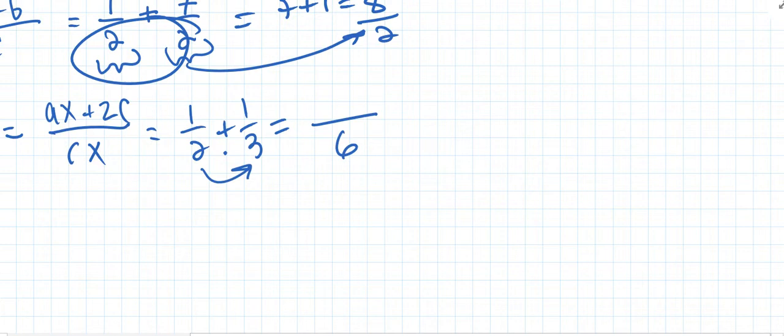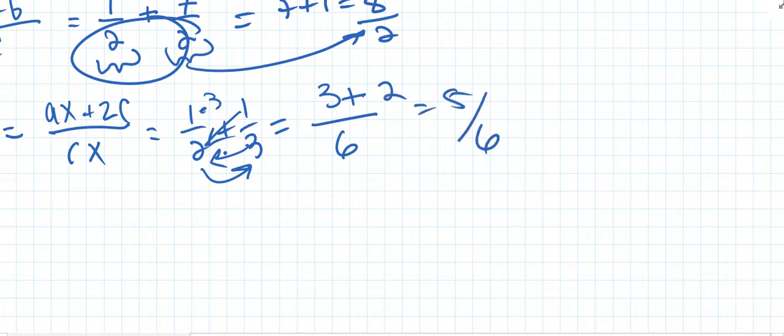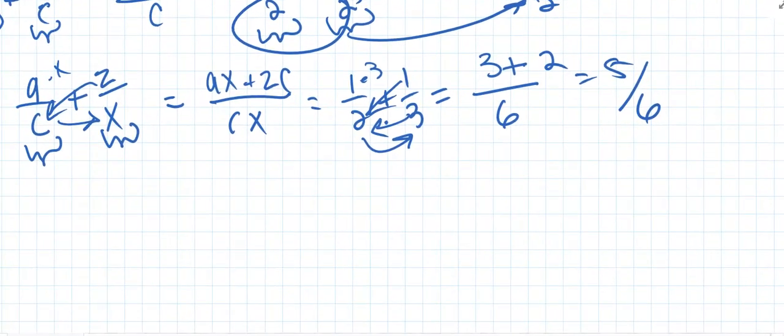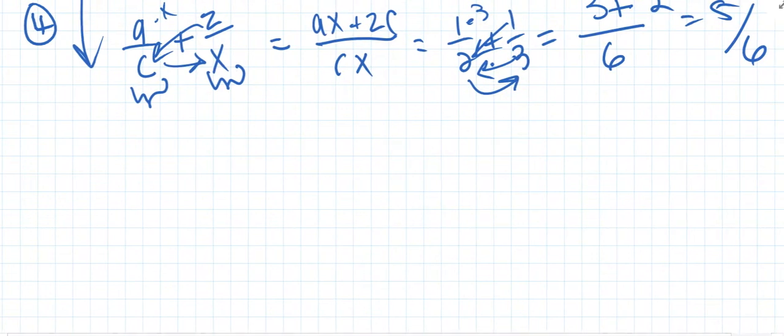You multiply 2 times 3, so you do the same to the top, so you don't change the value of it. 3 plus, okay, 3 times 1, and then 2 times 1, right? 2. 5 over 6. Okay? And we're going to go more in depth in later videos, but that's the gist of having the same denominator. Okay?